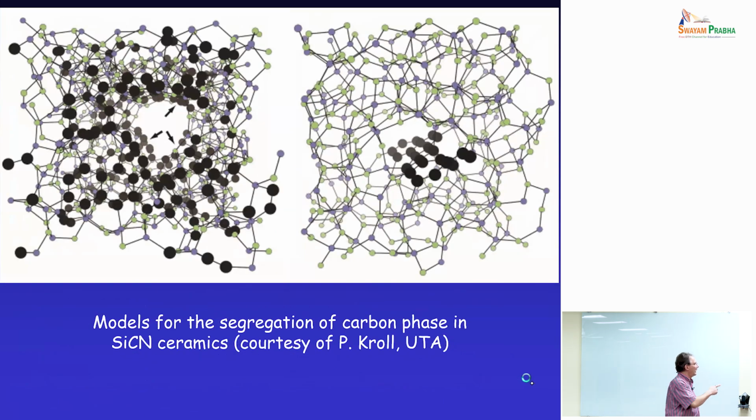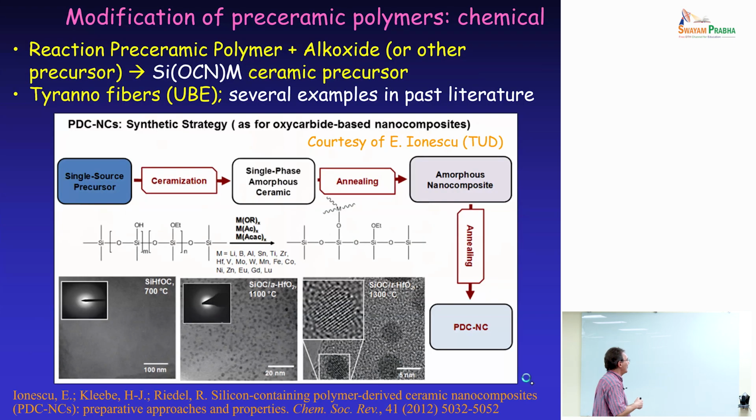And by the way, silicon oxycarbide materials have been proposed for embedding lithium ions inside the turbostratic carbon, and they are being used quite effectively for making battery anodes. So you can modify preceramic polymers, and there have been examples in the literature and also in industry.